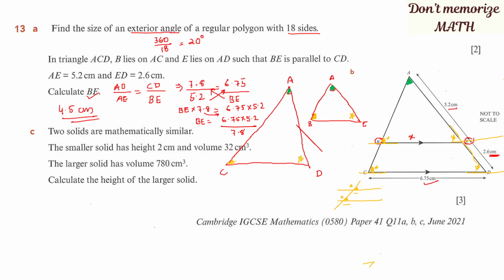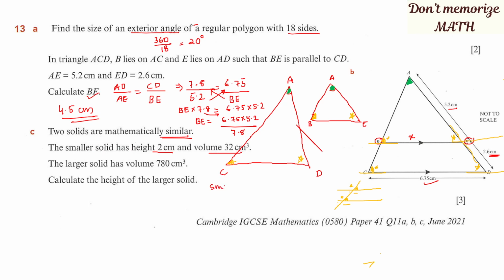Okay, next one. Two solids are mathematically similar. It is a different question, right? The smaller solid has height 2 centimeters and volume 32 cubic centimeters.